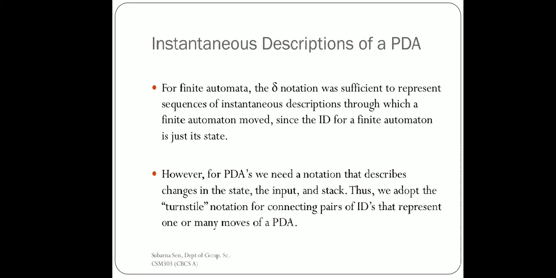But here we have to combine more. For PDAs we need a notation that describes changes in the state, the input and the stack. Here we have to deal with state, input and stack. State and input combination alone cannot do anything. The stack is also a vital part here.